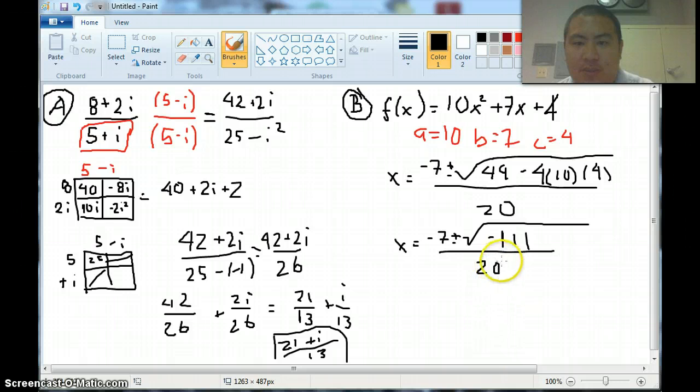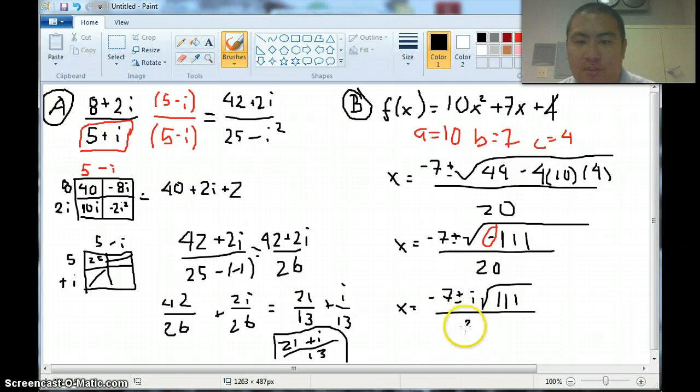Now the last step here is that I need to get rid of this negative under the root. I can't have that, so I need to change it to imaginary. So the way I'm going to write this is x is equal to negative 7 plus or minus i square root 111 all over 20.